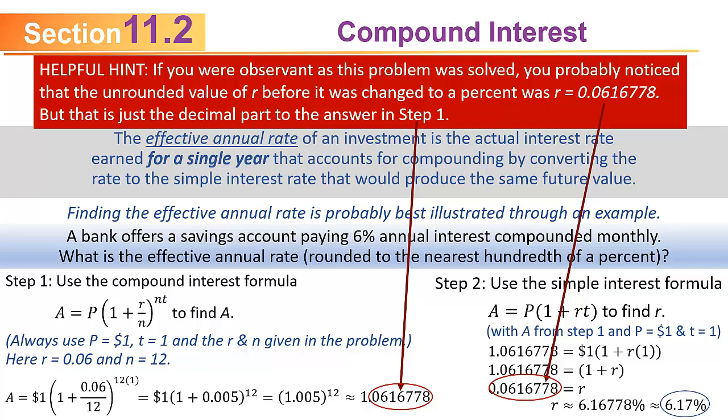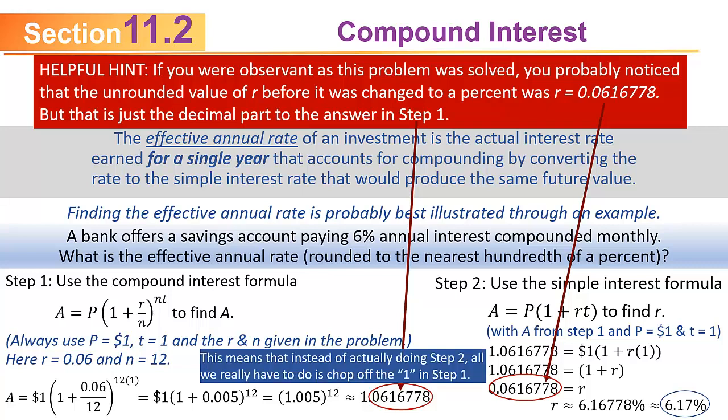That was not a coincidence. So what I'm telling you is, if you follow through the whole thing, it's kind of logical, and you end up with that 6.17%. But in reality, once you get to the end of step 1 and you have that 1.0616778, that's going to be your answer without even doing step 2. That wasn't a coincidence that those numbers matched up.